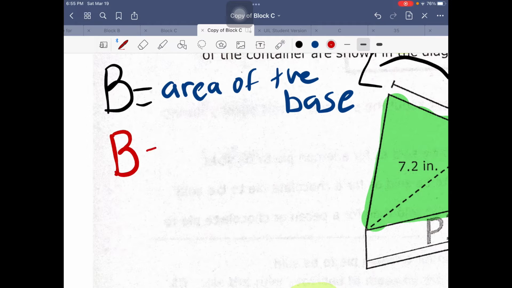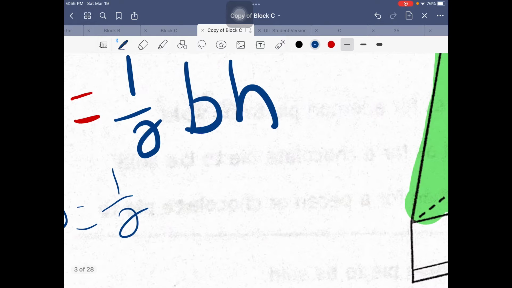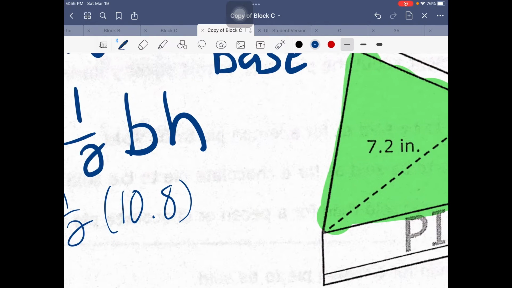Big B is equal to half base times height. And once again, big B, half, what's the base? 10.8. What's the height? 7.2.